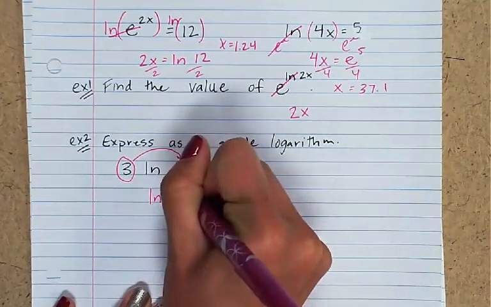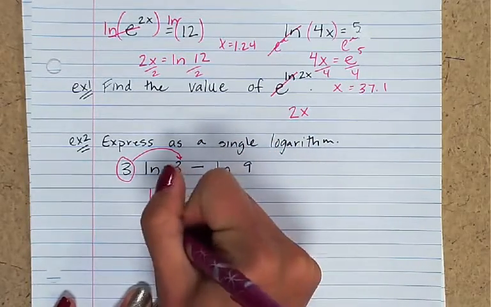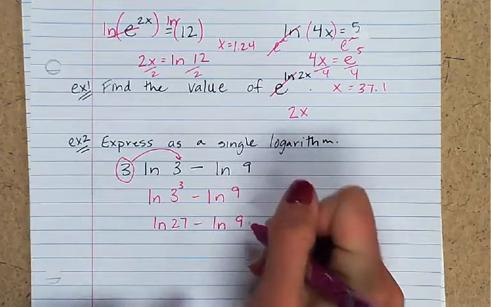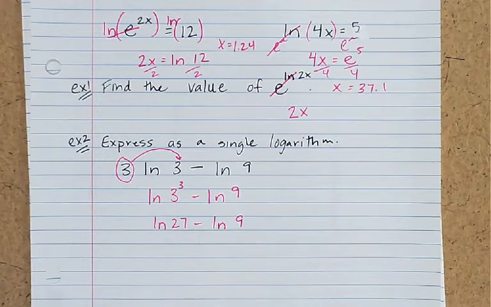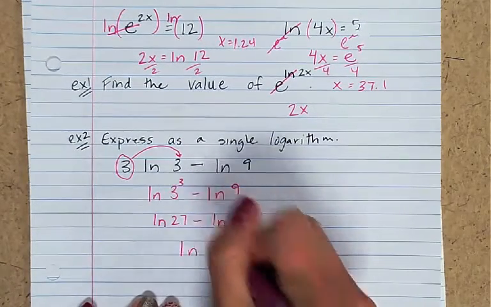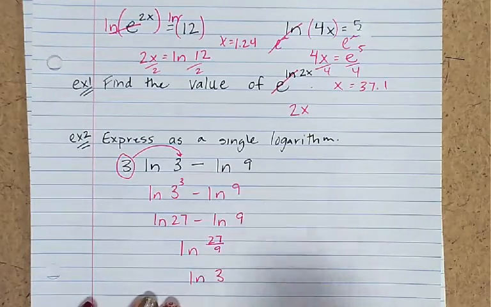So I get the natural log of 3 cubed minus natural log 9. 3 cubed is 27. Remember, subtraction goes with division. Addition goes with multiplication. So if it's being subtracted, subtraction goes with division. And then 27 divided by 9 is 3.